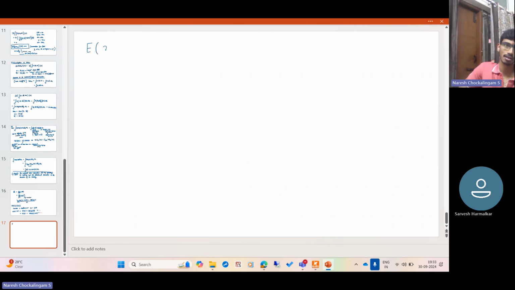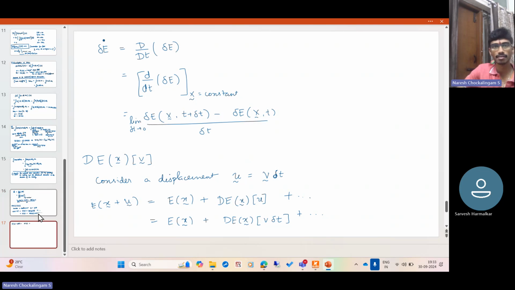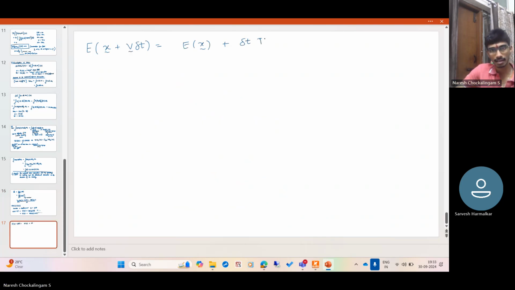So E of x plus v delta t is E of x plus delta t times dE at the point x in the direction v, plus the higher order terms. These terms are all of the order delta t squared times something.